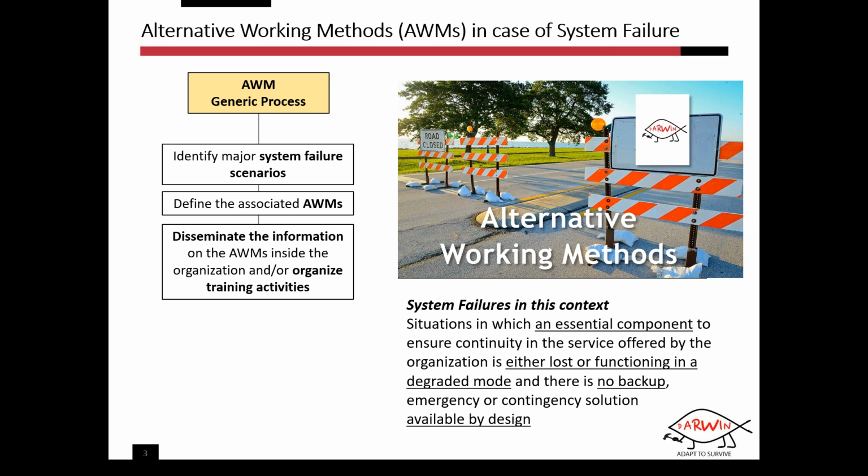What the capability card, sorry, is suggesting is that after you identify the major system failure scenarios, you could start to define the associated alternative working methods, and then try to disseminate the information about these alternative working methods within the organization, with other organizations, and start to organize training and activity.